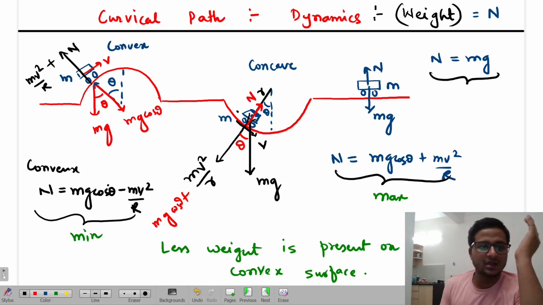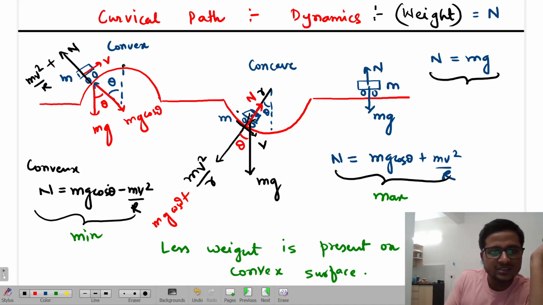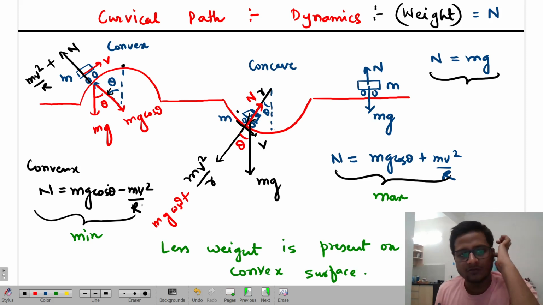In reality, weight increases. Weight is still increasing due to the presence of this angle theta, which I am considering with respect to my vertical. Are you able to get me or not? Understood? Is this clear?